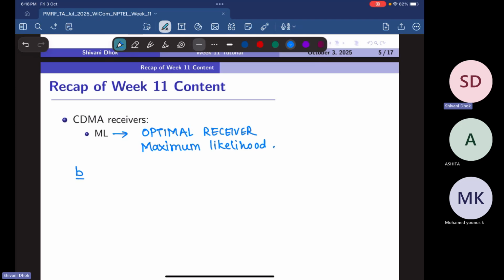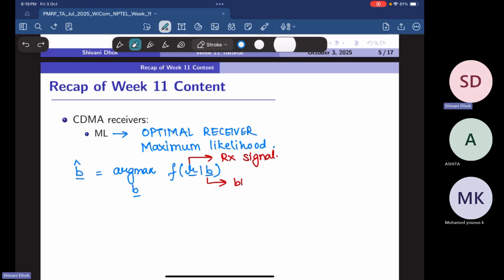If the bit stream that we want to decode is B and its estimate is B hat, then it is given by the argmax over B of f of R given B. Here R is your received signal, and B is your transmitted bit or signal.